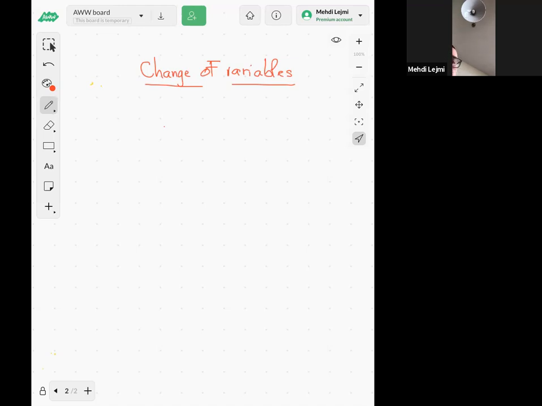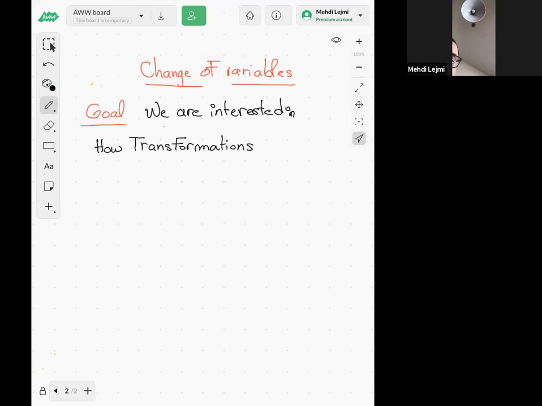So the goal here, we are interested in how transformations change regions or solids.